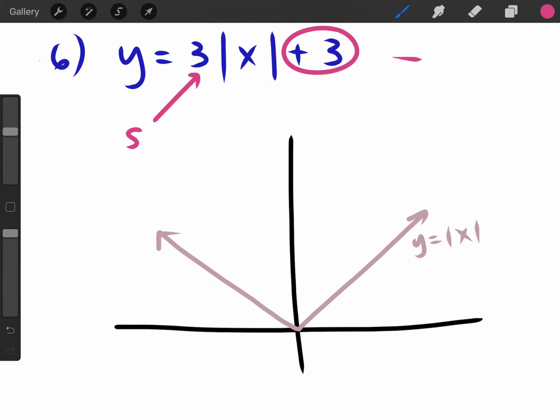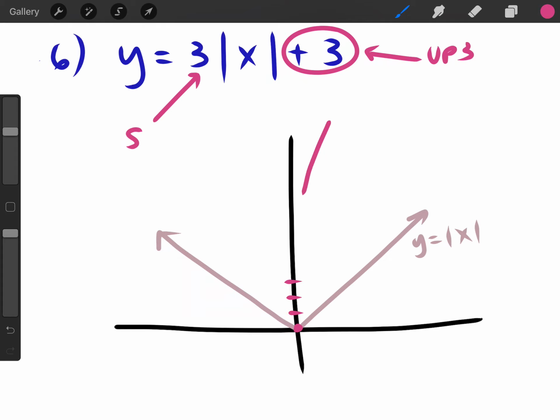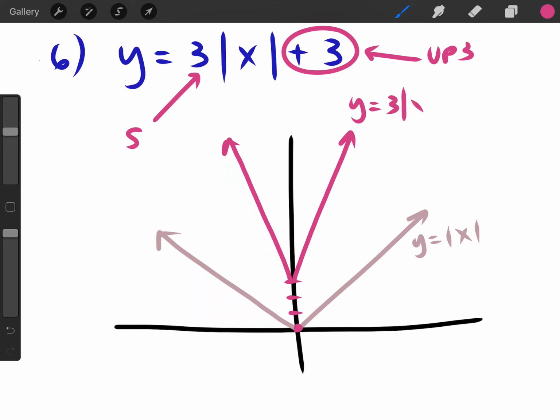Plus 3 tells you that it's going to go up by 3. So think of it, it's going to be a steep V going up by 3. Start from the origin, 1, 2, 3, and then give me a steep V. Just steeper than the parent function is good enough. So y equals 3 absolute value of x, plus 3.